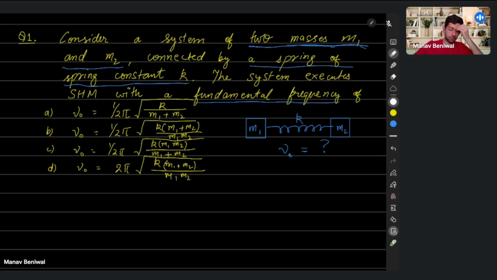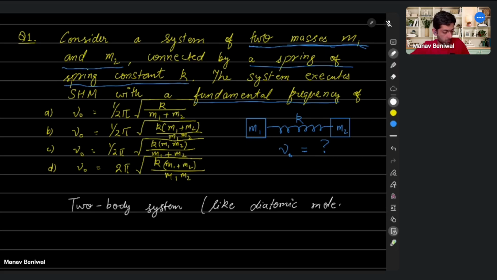To solve this one, we note that this is a two body system, and this is like a diatomic molecule. That is why we are discussing this problem.